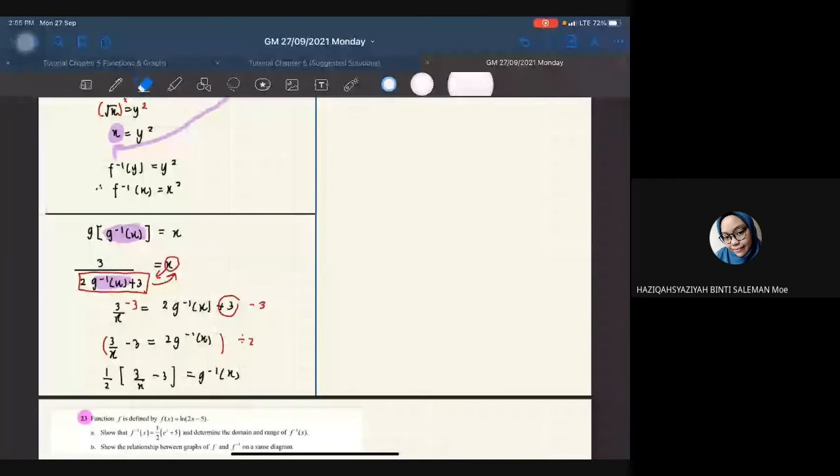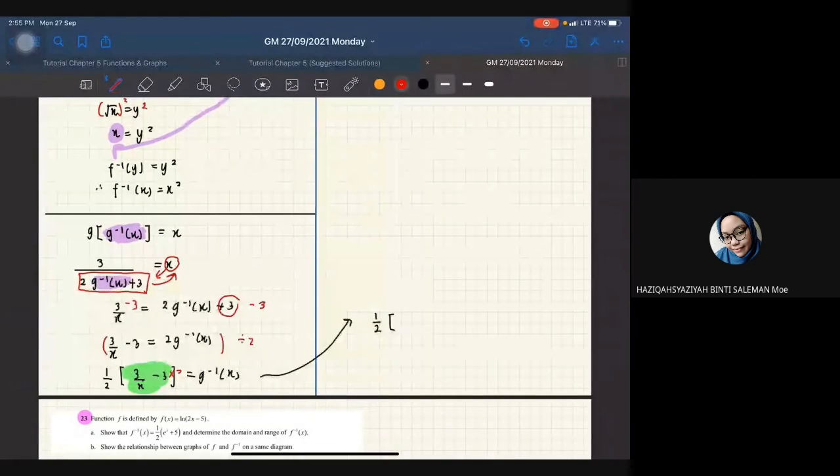Tapi dia macam tak cantik sangat. Yang dekat dalam ni. In fact, this bracket dia macam tak sedap mata memandang. So, kita try tukar dia punya bentuk. Okay, so saya samakan denominator. So we will get 1 over 2. And then samakan denominator maksudnya yang belah kanan akan didarabkan dengan x. This one time x. Denominator pun time with x.